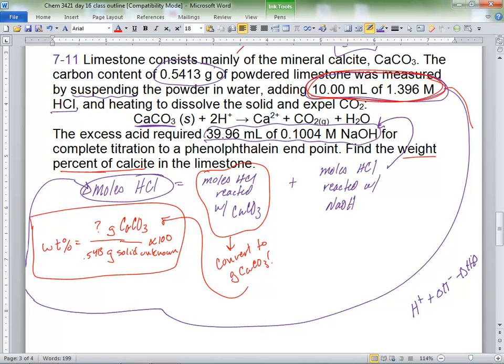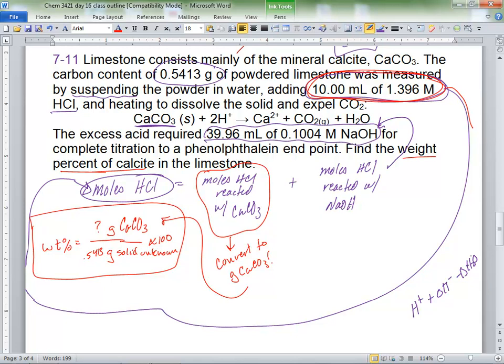How do you figure out how much is there? They added a bunch of HCl, and then we titrated what was left over. The 39.96 mL of 0.1004 molar NaOH corresponds to a small number of moles of HCl that actually reacted with it. So most of the HCl went into reacting with the calcium carbonate.